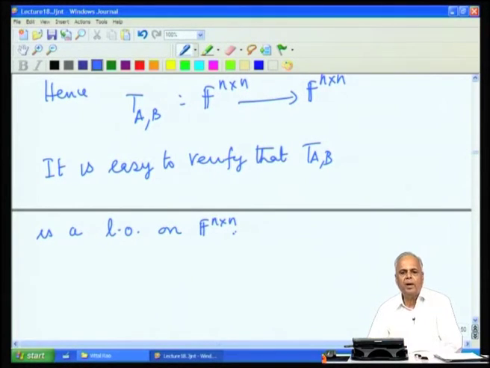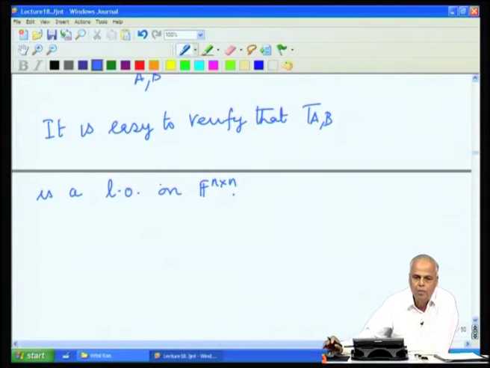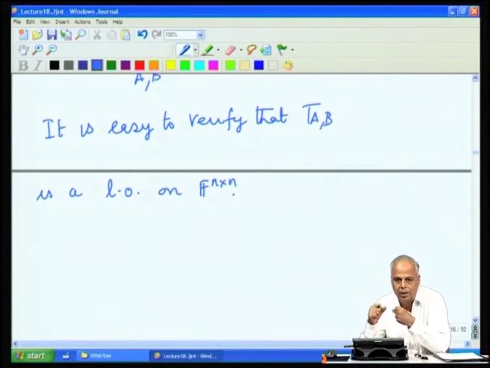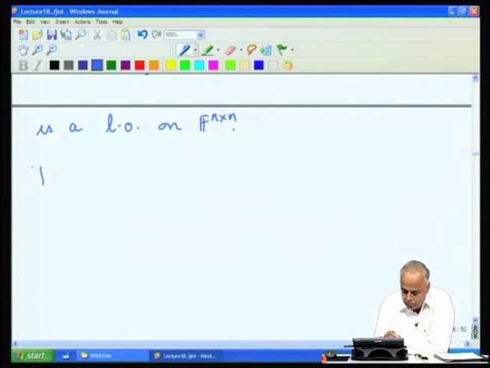We have to again verify that TAB of x plus y is TAB of x plus TAB of y, that is TAB preserves addition, and TAB of alpha x is alpha times TAB of x, that is TAB preserves scalar multiplication. So, we have now a handle on the left and a handle on the right, or a coding from the left and a coding from the right to change the matrix x to a newer matrix, an encoded matrix AXB.